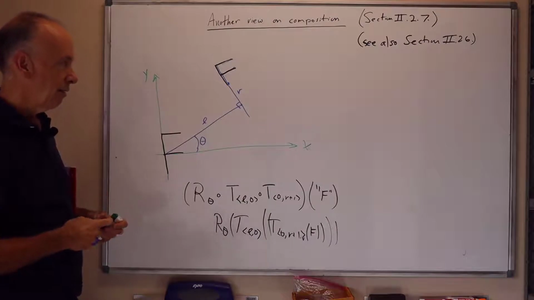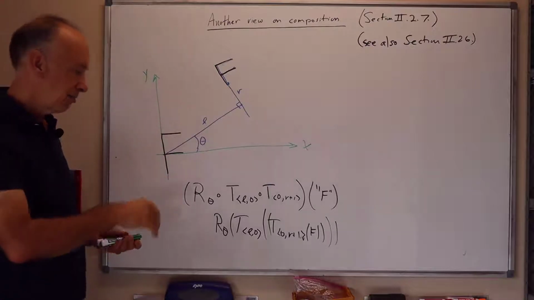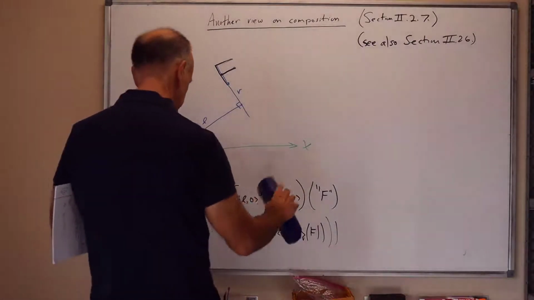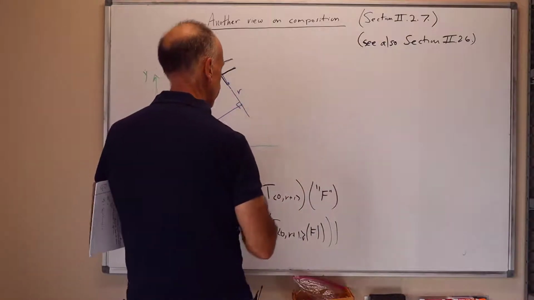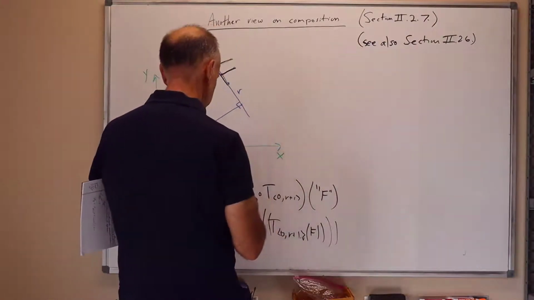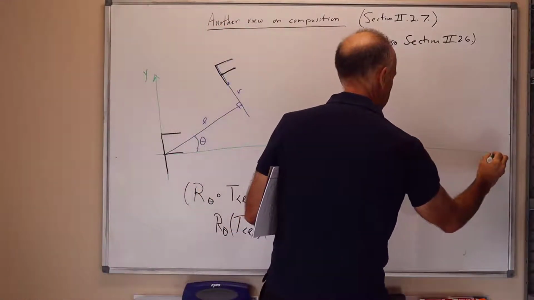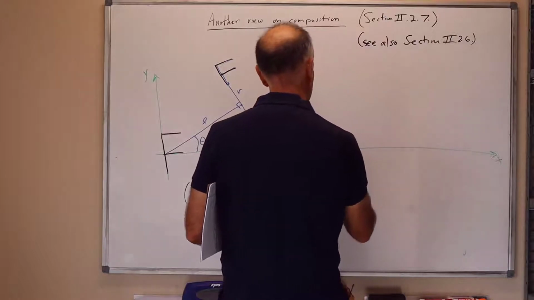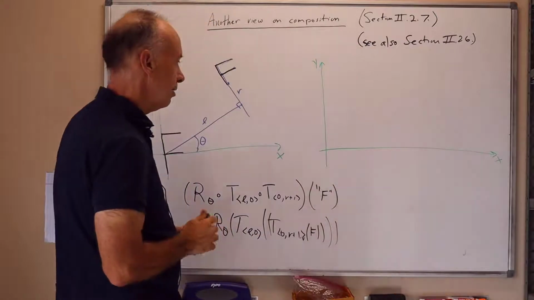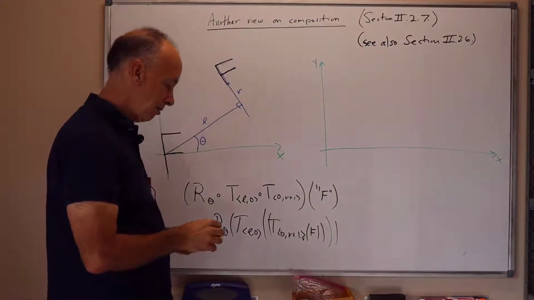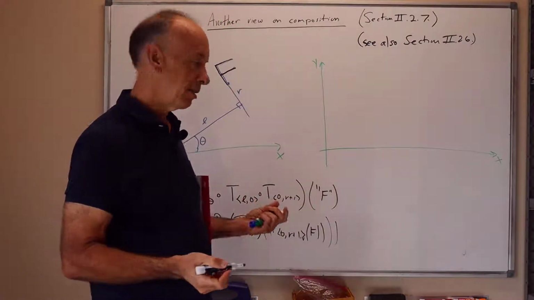Now I'd like to say that we can also think about this as transforming coordinate systems. So I'll just draw that on the other side of the board here. Make a little room, shorten this down. So let's draw this again. Here's the x-axis. Here's the y-axis. And what we're going to do is think about starting with a local coordinate system, and we're going to be transforming it according to these transformations.